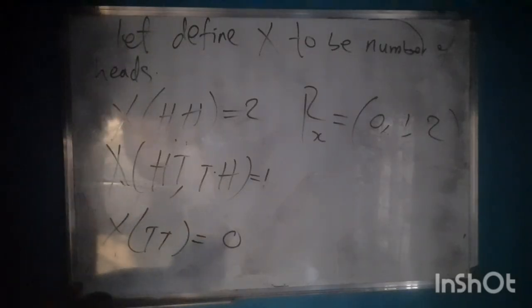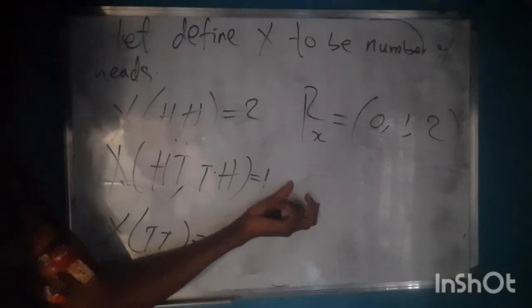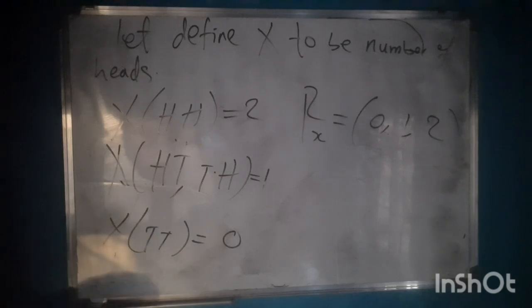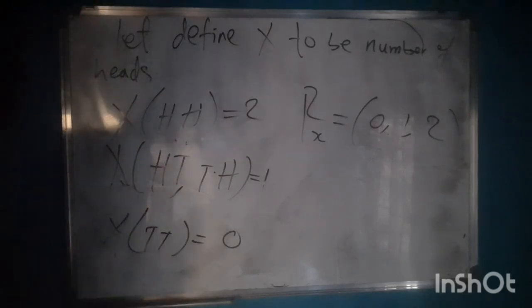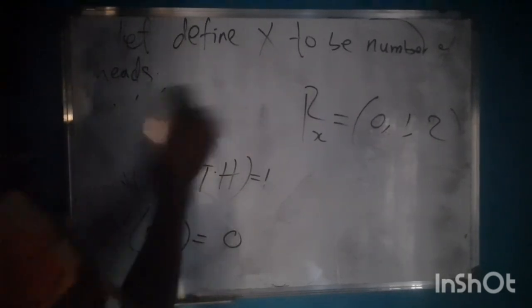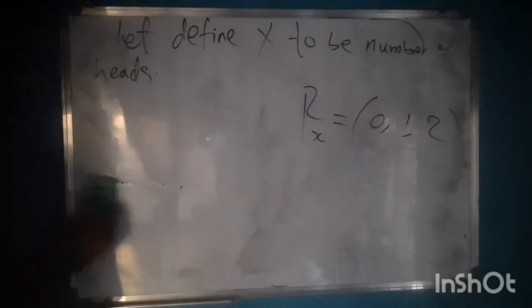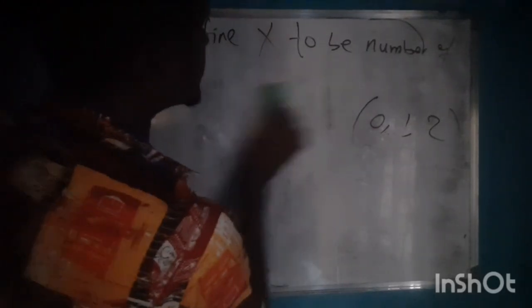Like I said earlier, in statistics we have two types of random variable. Number one, we have discrete random variable and continuous random variable.